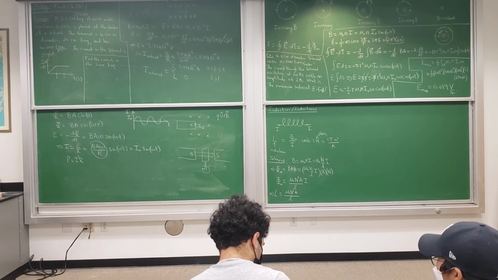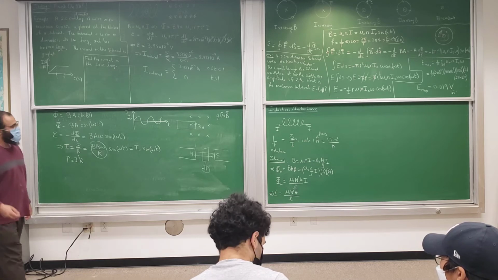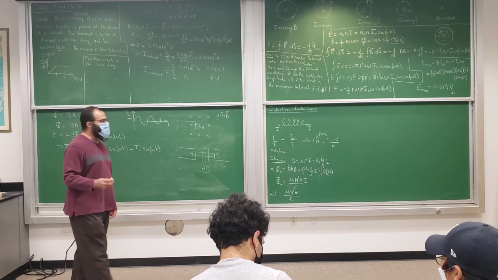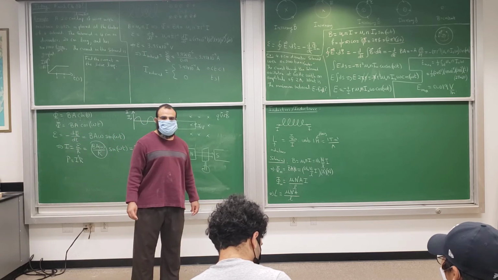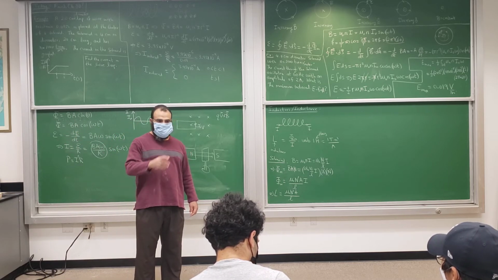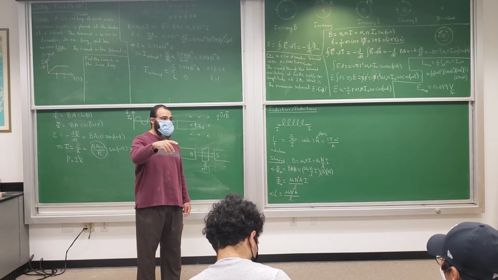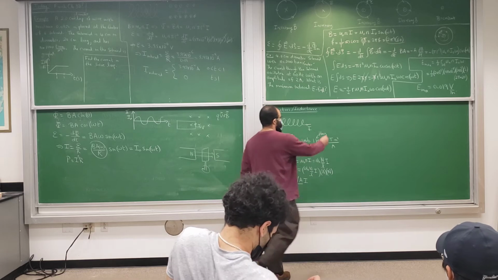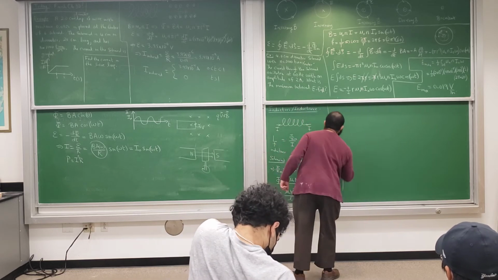And so now, we know that the potential difference across a capacitor would be Q over C, right? Remember C is equal to Q over V, so Q over C is V for a capacitor. Let me remind you of this one.